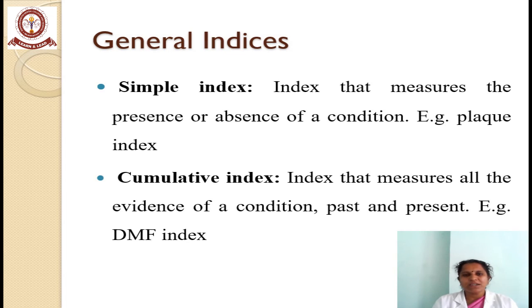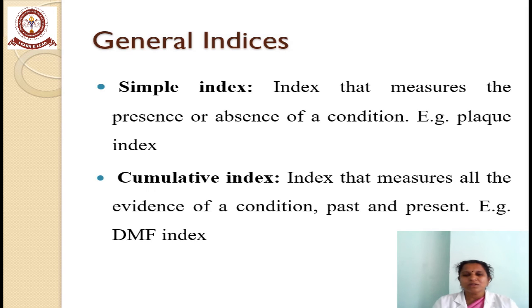Based on the general categories, indices can be classified into simple index and cumulative index. Simple index is when the index measures whether the condition is present or absent. Suppose plaque index: if you are taking whether plaque is present or absent, that is called a simple index.